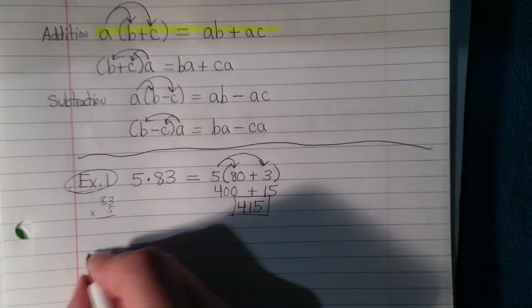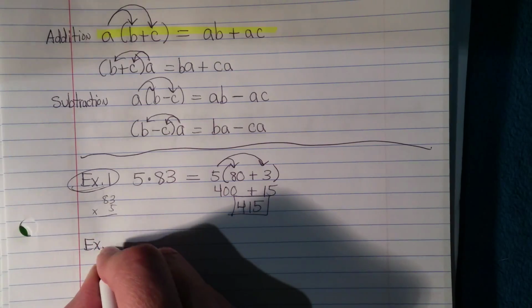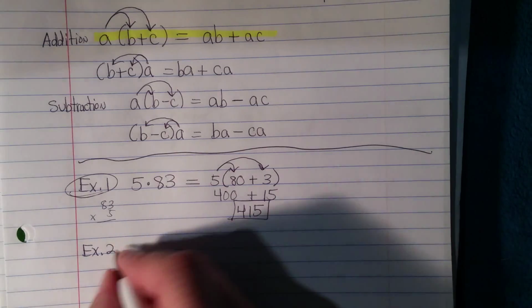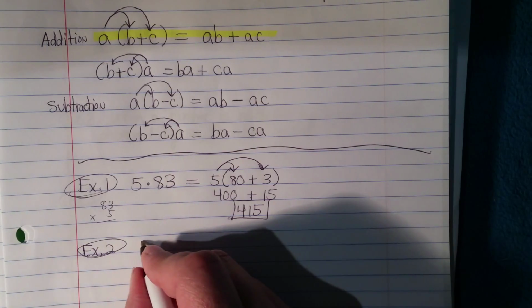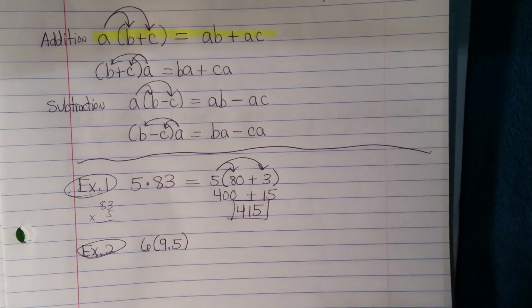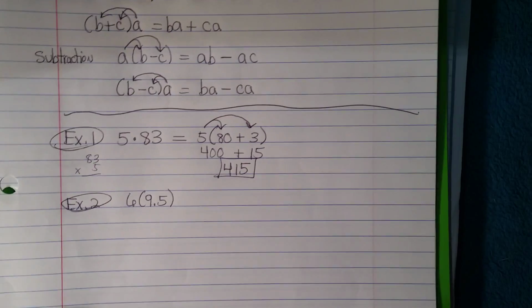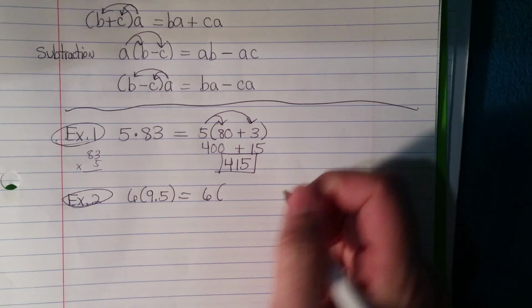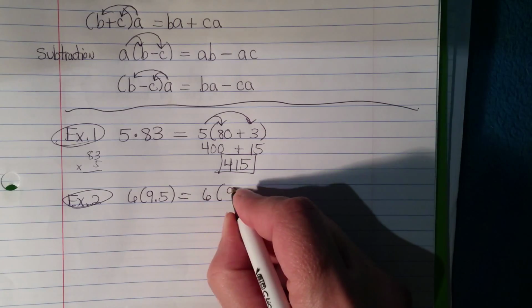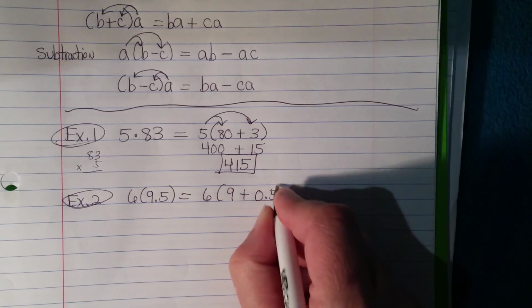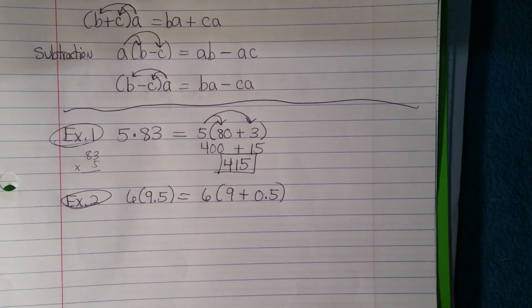You could also do this with decimals. Oops, my pen just broke apart here. Let me push it back together. Example 2, if you had to multiply 6 times 9.5, you could do that the long way, or you could break up the 9.5 into a 9 and then a 0.5, because those two add to 9.5.